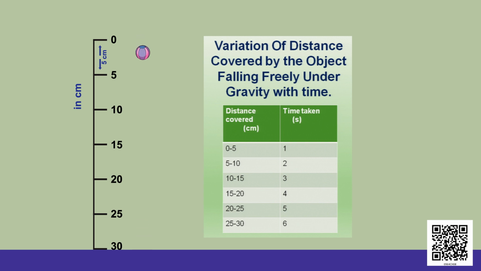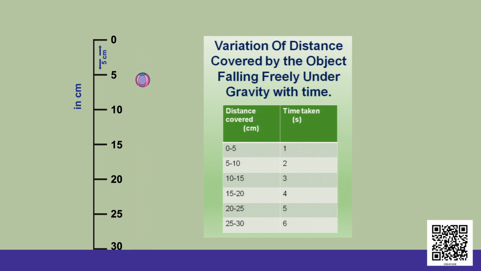Now see the data sheet. First of all, see the activity. The object is falling freely. There is a graduation on the body along which the object is falling.